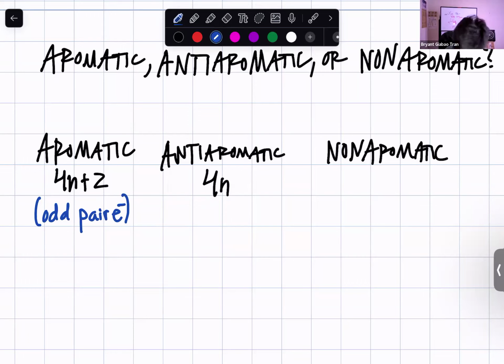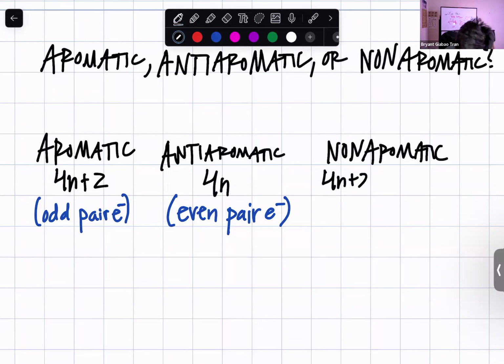It's a similar concept, right? And if you see 4n, that's going to be an even pair of electrons. Non-aromatic is going to be either or. It could be 4n plus 2 or 4n. Doesn't matter.